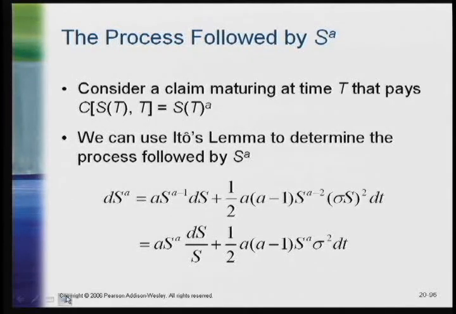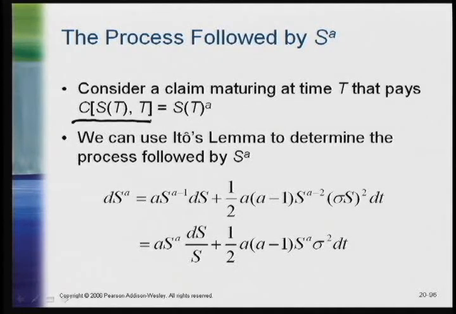So what we're going to do is apply Ito's lemma to C of S_t. We're using the notation C of S_t as if it's an option, but it's just a function. C of S_t, the function in Ito's lemma, is being defined as S to the A power. So we can calculate some derivatives of S to the A, in particular the S derivatives. It has a zero t derivative.